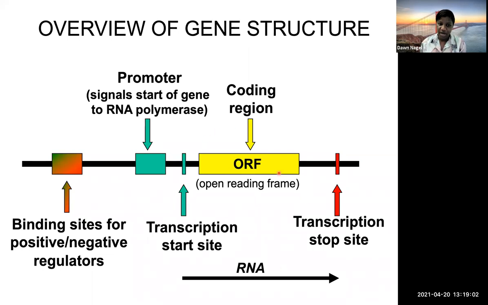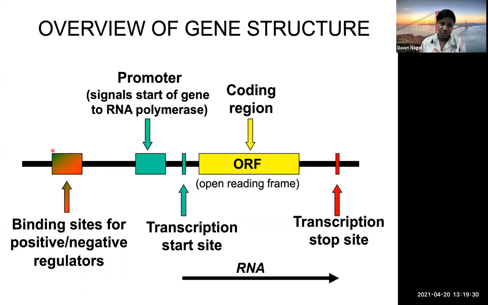Within this region, you have a coding sequence. The coding sequence, again, is an open reading frame; it starts with ATG and ends with a stop codon. This is the information that in the end will get translated into a protein, okay? So this all gets transcribed, but only the information in this coding region, or ORF, is what gets translated into a protein.